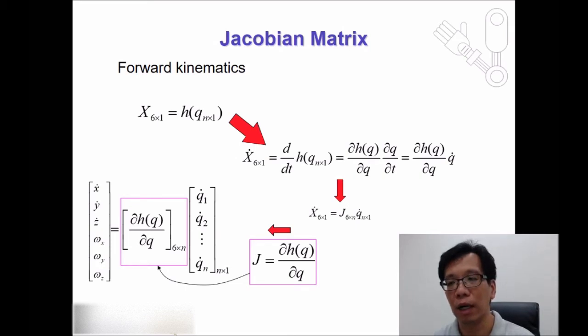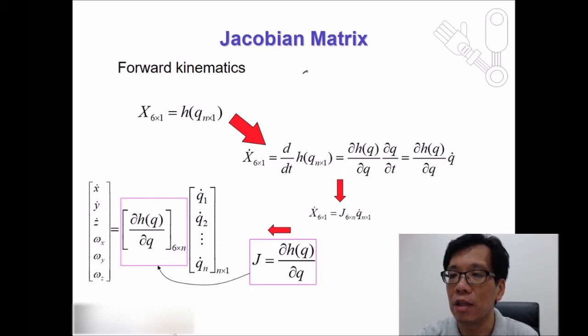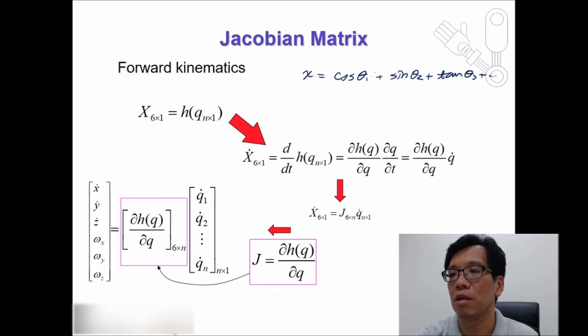You might take a look and understand the procedures for how to derive those coefficients from one end to the other. Keep in mind that we are doing partial differentiation instead of direct differentiation. We're going to have an example later, but if you have something like x equals cosine theta 1 plus sine theta 2 plus tangent theta 3, then in order to find x dot, you will need to differentiate.